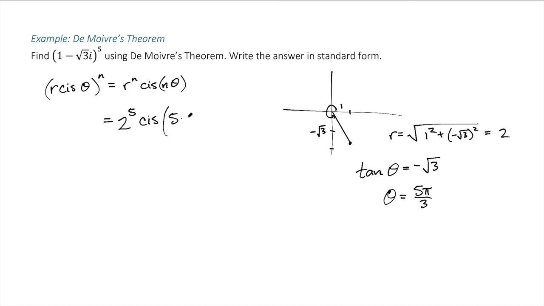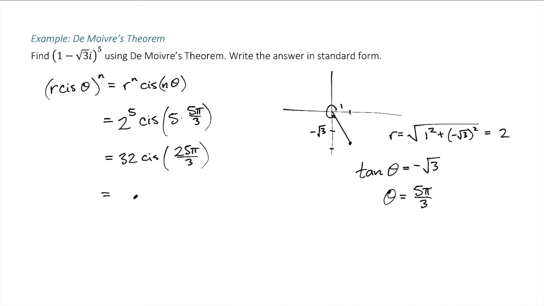And so that's, of course, what we plug in here, 5 pi over 3. Okay, and then we can simplify a little bit. 2 to the 5 is 32, cis of this is 25 pi over 3.